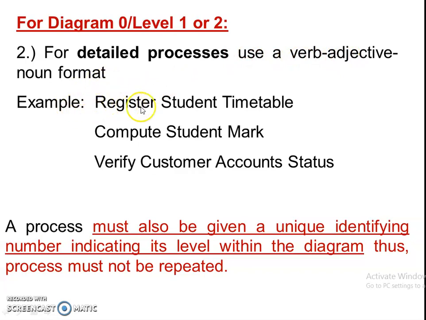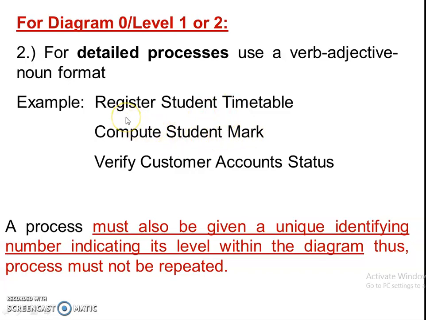For example, register student timetable, compute student mark. In this case, register is the verb. What to register? The timetable, but whose timetable? It's for the student. What about compute student mark? Compute is the verb, mark is the noun, but whose mark? It is the student's mark.